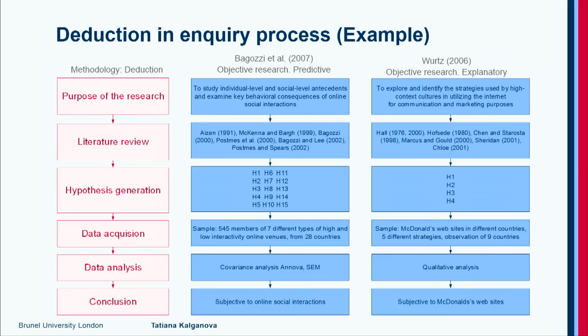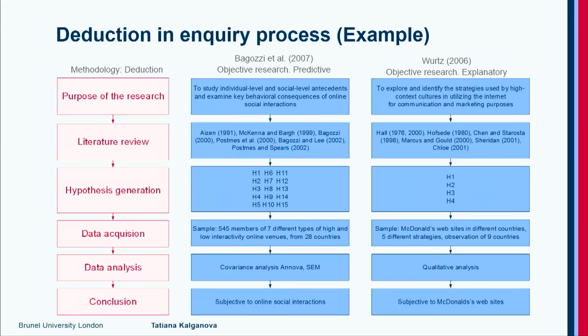Just to remind you, what are the main steps? We need to define the purpose of research. We do a literature review. Very often, the literature review will justify the purpose of our research or lead to generation of our research question. Then we generate hypotheses. We do data acquisition, data analysis, and conclusion.